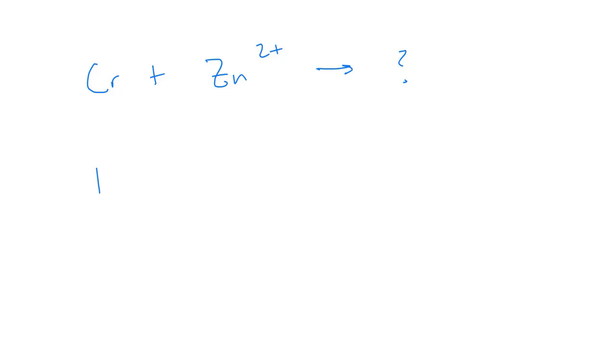So zinc has to be higher than chromium. In this case, if you look at the activity series, zinc is higher than chromium already, but it's already lost electrons. It's not going to lose any more electrons, is the idea.